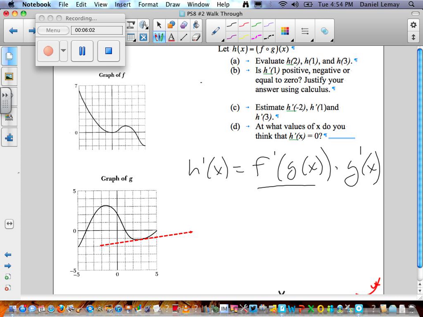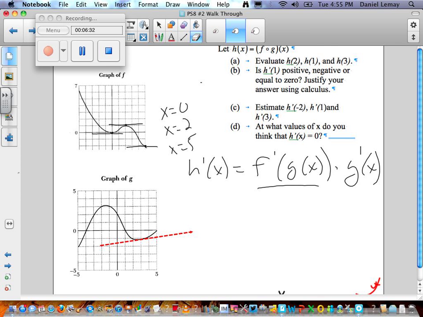I know that the slope of f is 0 here at x equals 0. I also know it's 0 here when x equals positive 2. And you might even be able to argue that that slope is 0 there when x equals 5. So those are all places where this slope is equal to 0, because that will be 0 times whatever, so it'll be 0.